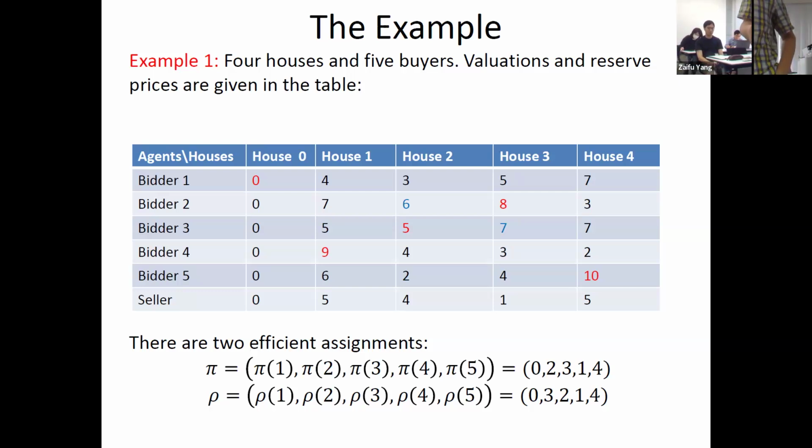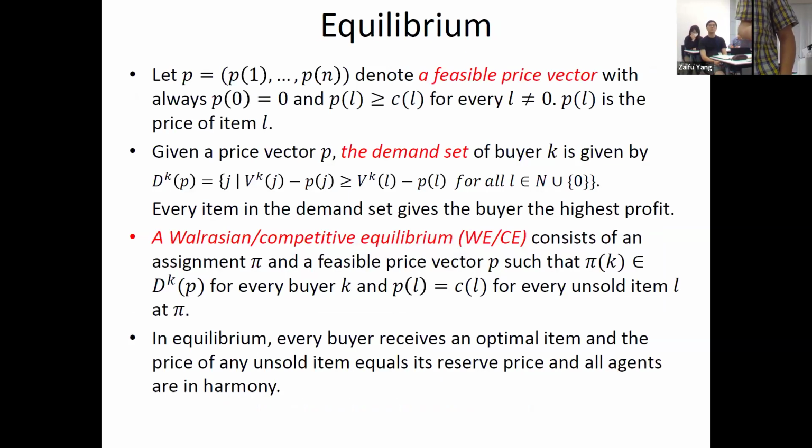such efficient allocations. Okay, competitive equilibrium. A feasible price vector means that all prices should be no less than the reserve price. Then we have a demand set: given a price vector, it's the set of all optimal bundles that the bidder wants to have.